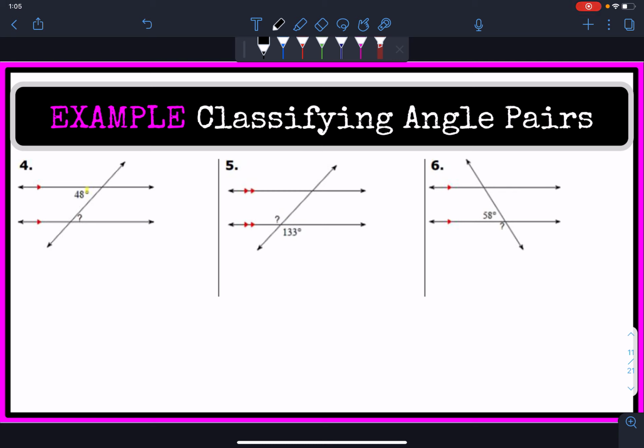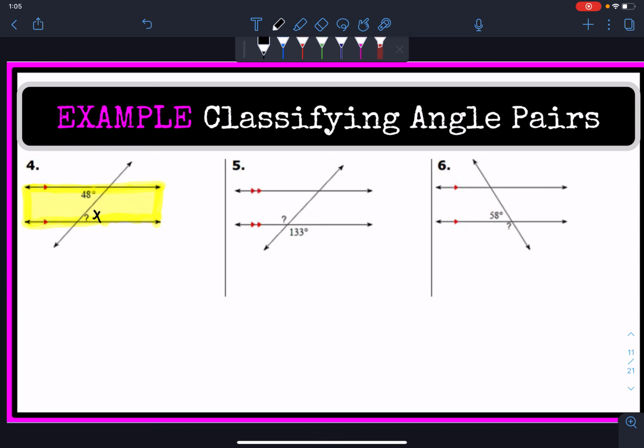Let's look at some more examples of that. So we look at this example here. Notice that 48 and the question mark, let's call it X, are both on the inside, so they're interior angles.